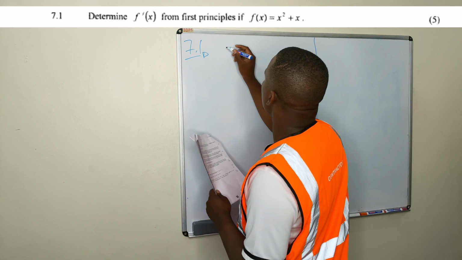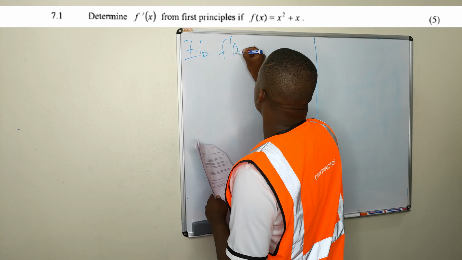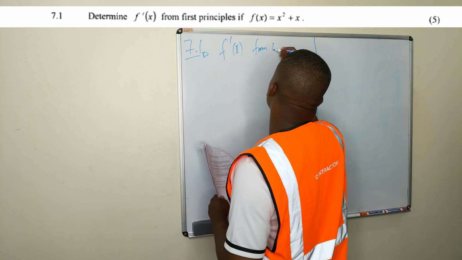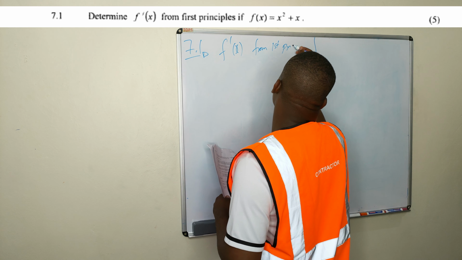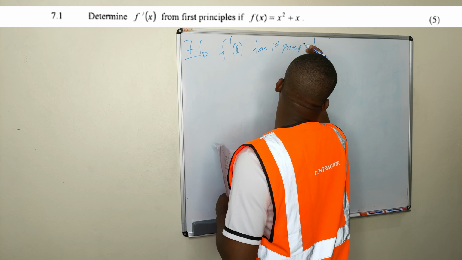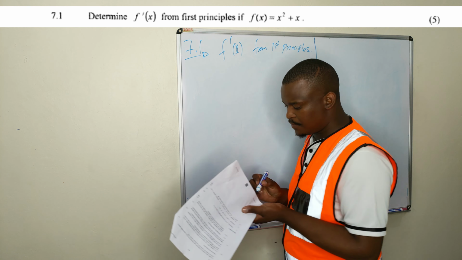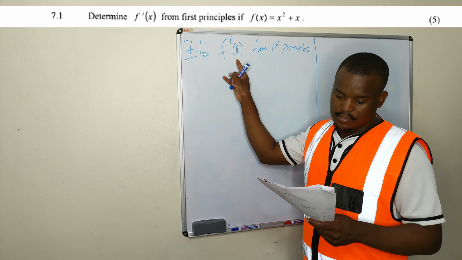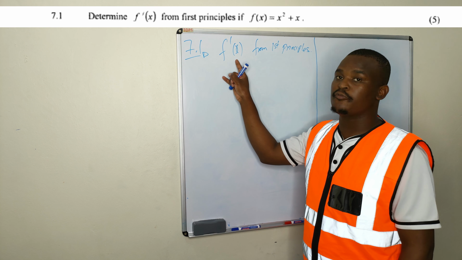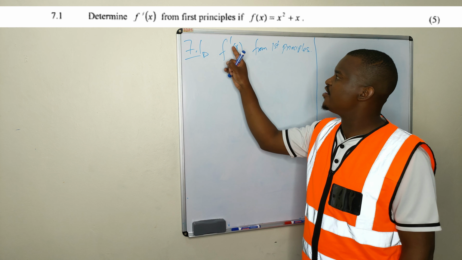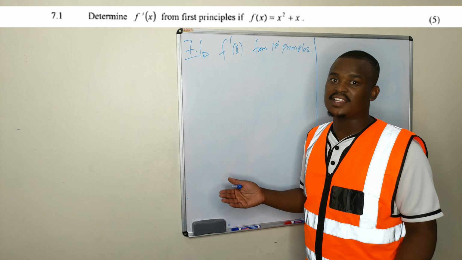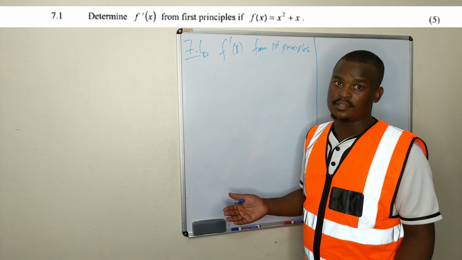So they want you to determine f prime at x from first principles. What does that mean? They want f prime, which is the derivative of f, using the derivative definition.